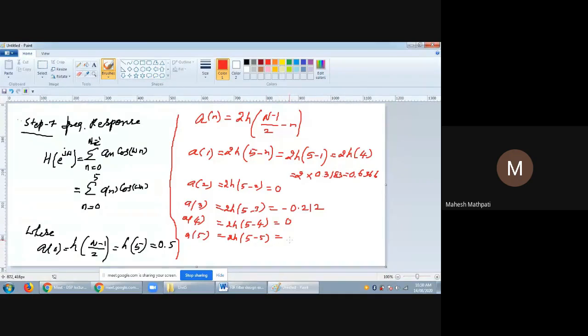And A of 5 is? 0.127. Okay. So this is step 7. Still it is not complete. So now, let me save it. Then I will proceed further.